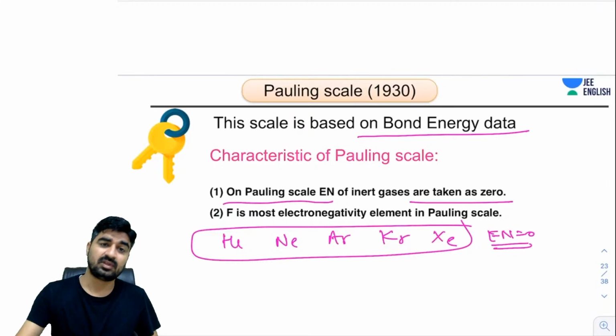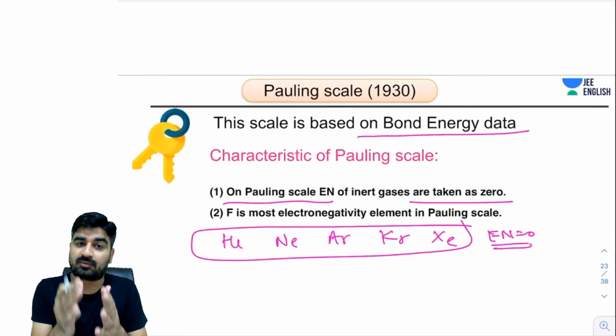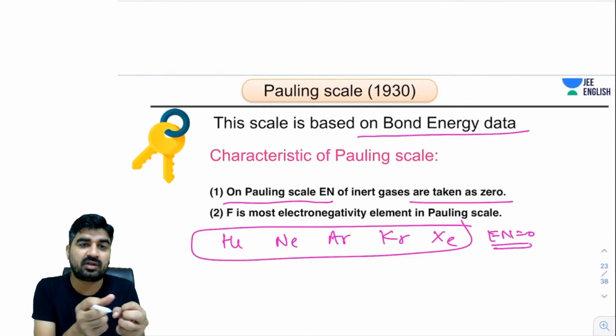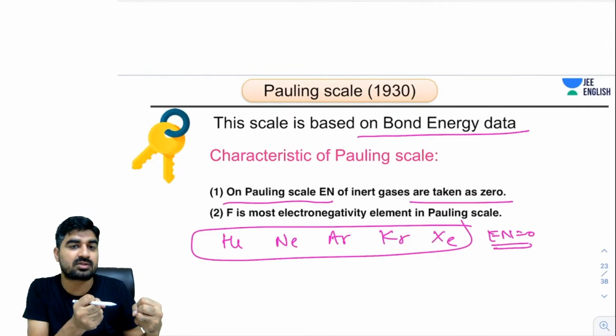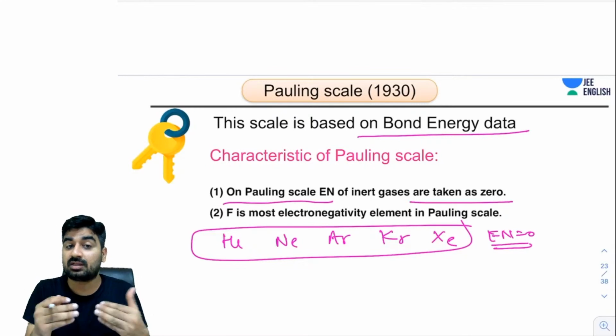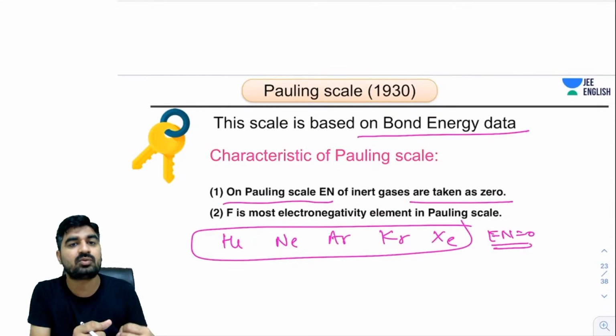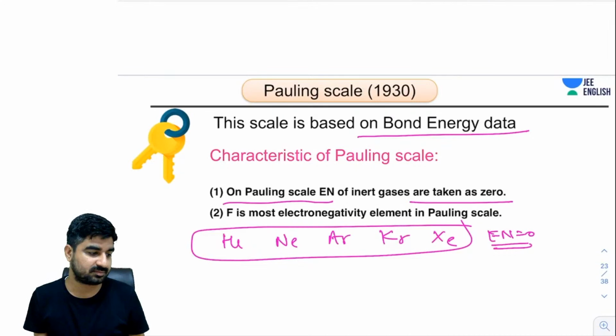So he considered their electronegativity as 0. And he said it is relative. Fluorine, when it is connected to one element, will attract electrons with a different force as compared to the same fluorine when it is connected to nitrogen.